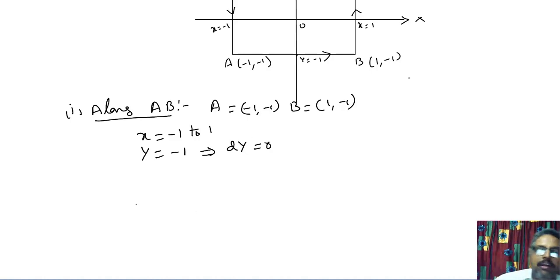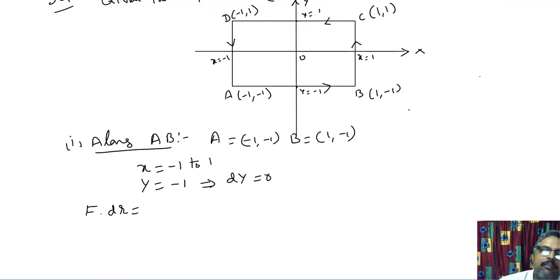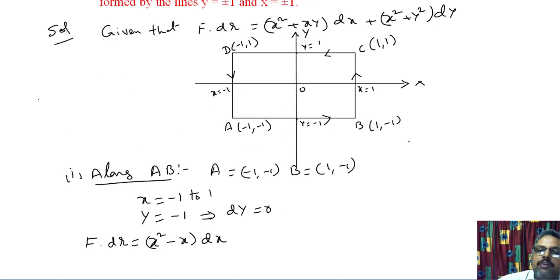If you substitute dy = 0 and y = -1 in F·dr, then what is F·dr? Since dy is 0, the entire second term is 0, and with y = -1, F·dr = (x² - x) dx.